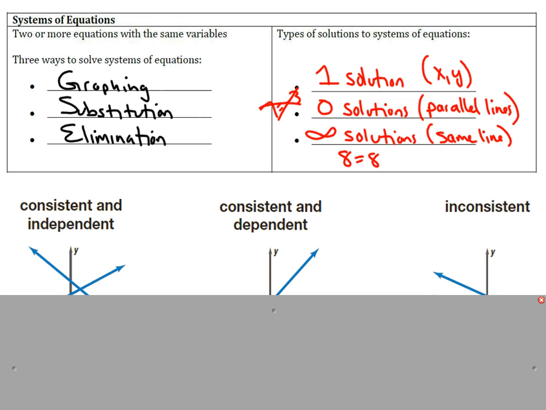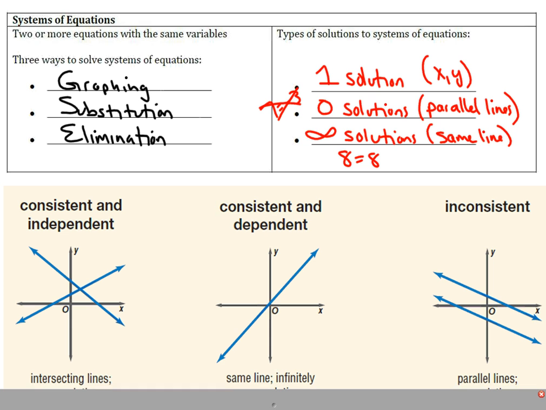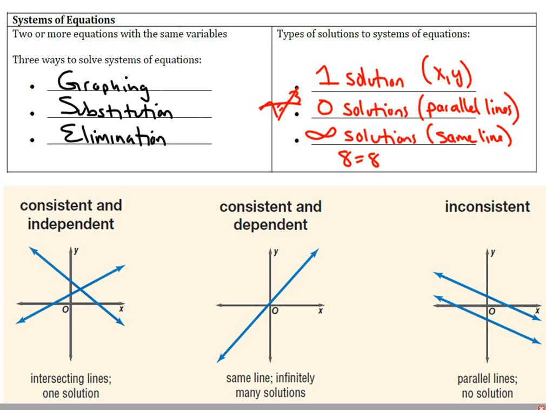So here's what you're looking at. Most of the time you're going to see consistent and independent. You're going to see the lines cross once, and there's one solution. That's what I'm looking for. Then consistent and dependent means same line.